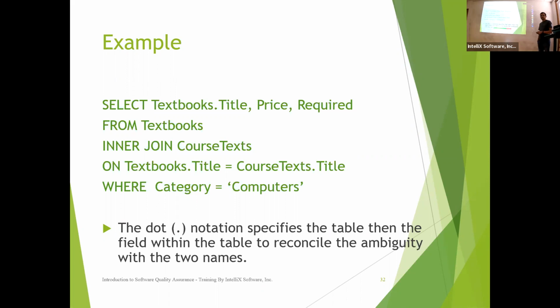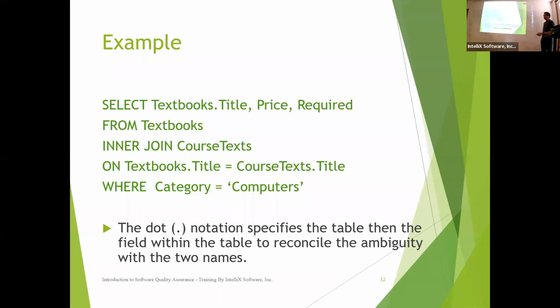So I'm saying inner join: join textbooks with course text on textbooks.title equals course text.title, because title exists in both tables. So I can join on this field and pull the information from both tables.